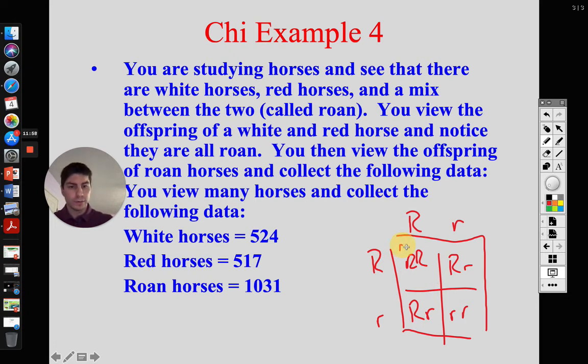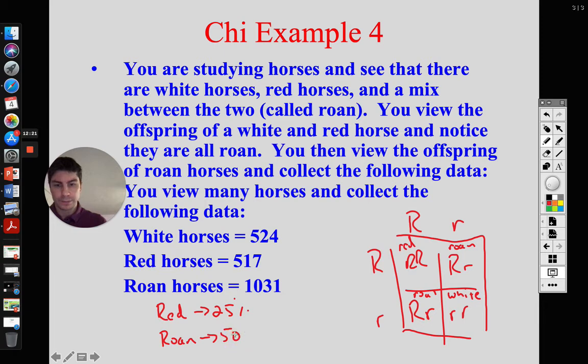So this one here would be red. This one would be roan. This one would be roan. And the last one would be white. So for our expected, our red should be 25%, our roan should be 50%, and then our white should be 25%. There are our expected percentages.